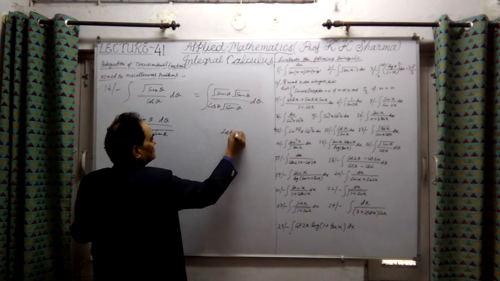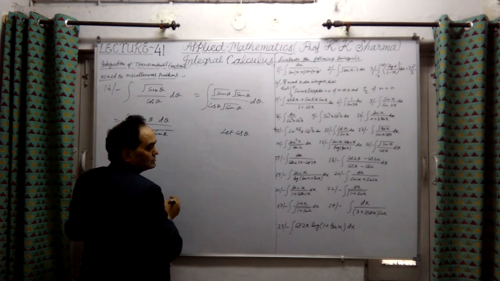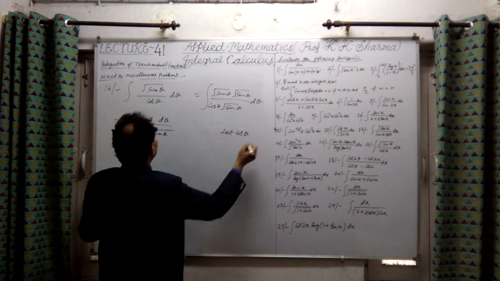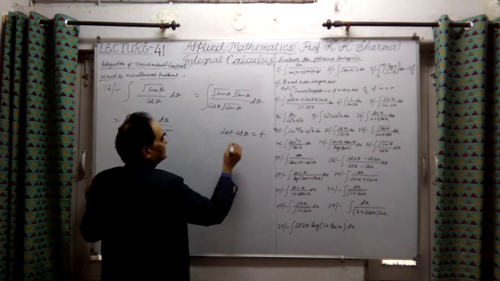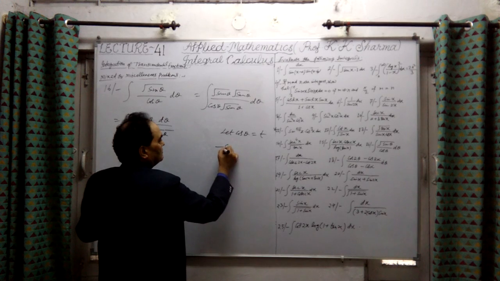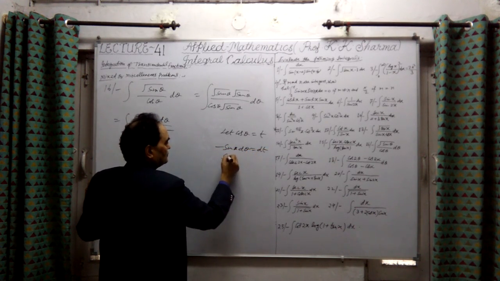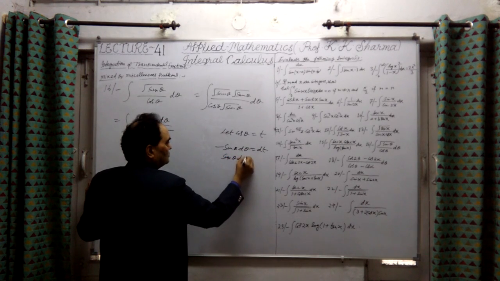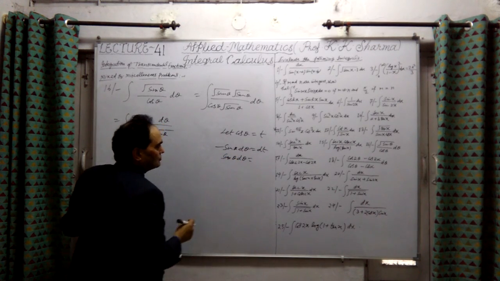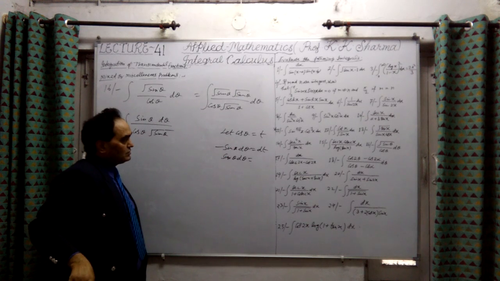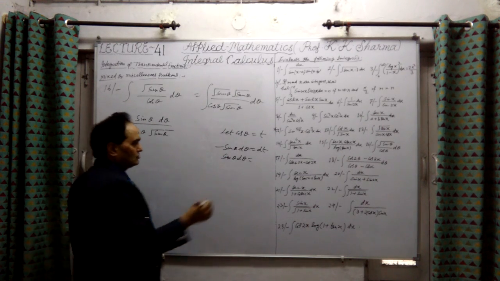Now if I substitute cos theta equal to something, let cos theta equal to t. Then minus sin theta into d theta equal to dt, or sin theta into d theta equal to minus dt.